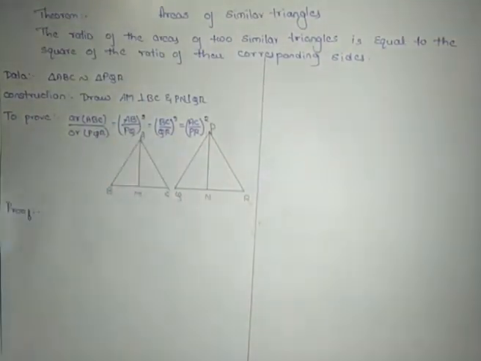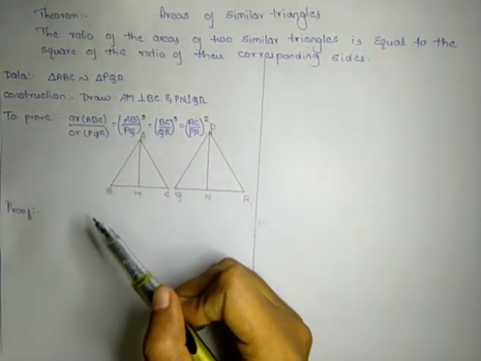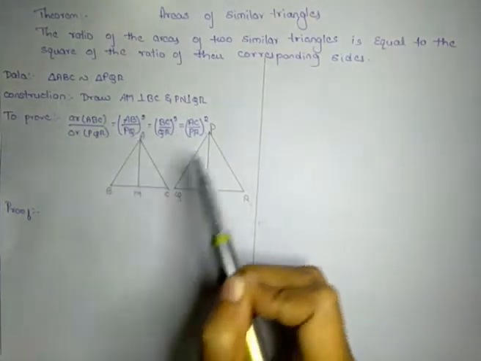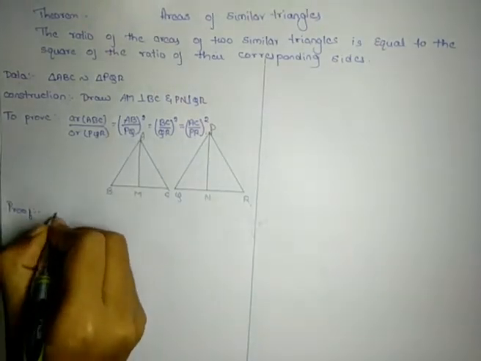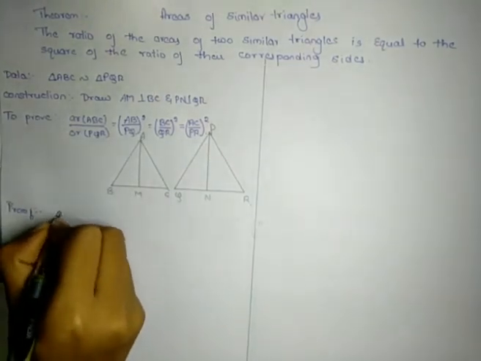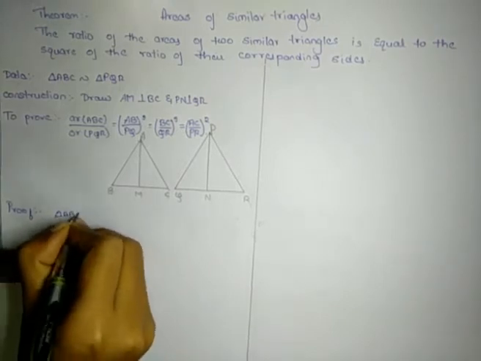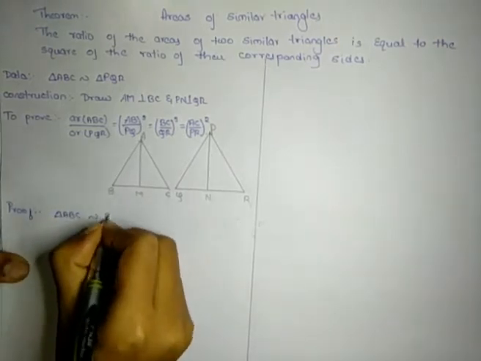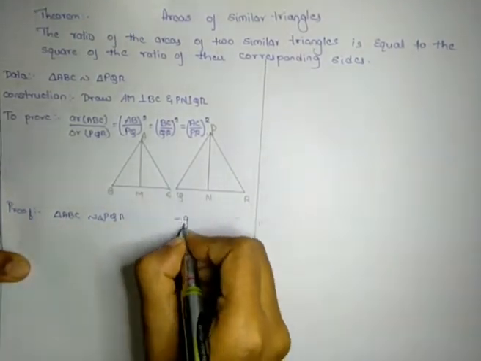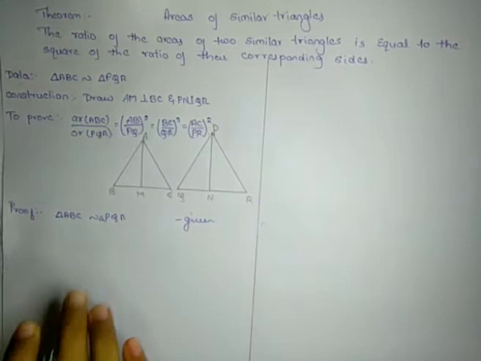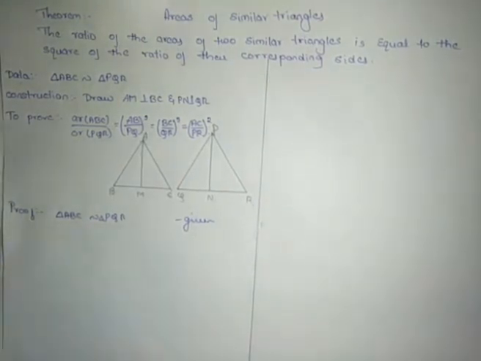To prove this condition, let us take the corresponding sides of triangle ABC and triangle PQR in the same ratio. For that, we'll consider that triangle ABC is similar to triangle PQR. It is already given, right? And if these two triangles are similar, then their corresponding sides will be in the same ratio.